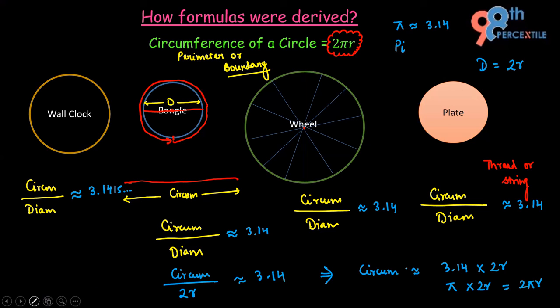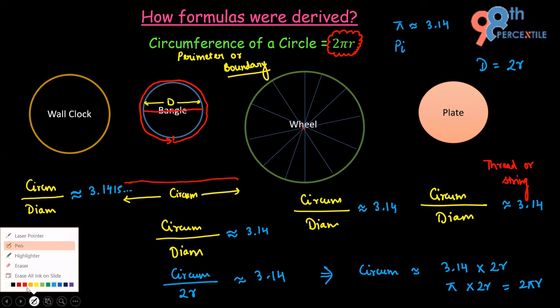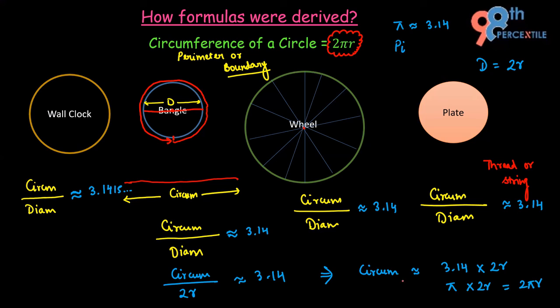And why have I put this approximate sign? Because this value of pi, 3.14, is not the exact value. It is an approximate value. Its exact value we cannot use, because it's a never-ending decimal. This is the derivation for the circumference of a circle.